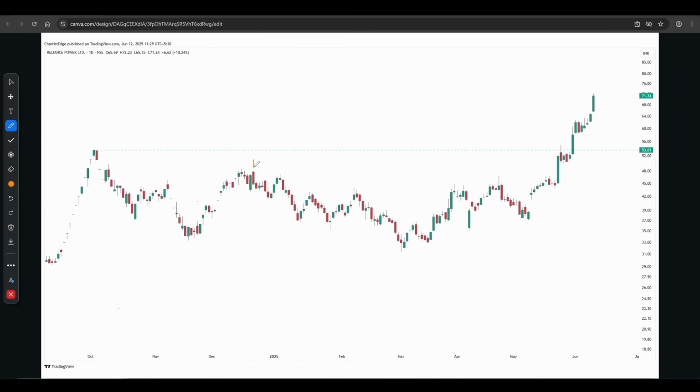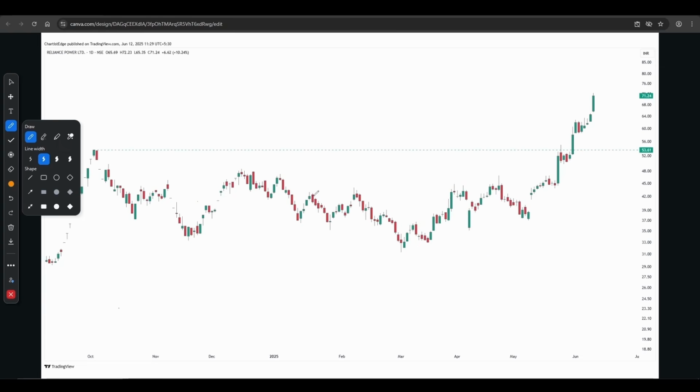Now again, the circuit limit, I guess it got taken out around this area and the price structure started to move in a smoother fashion and a linear fashion. Now like we discussed just now, this price action does not concern us. What concerns us is the price structure that is happening in this area.